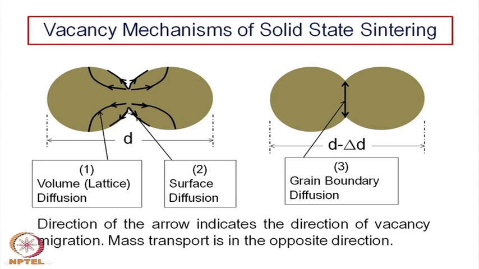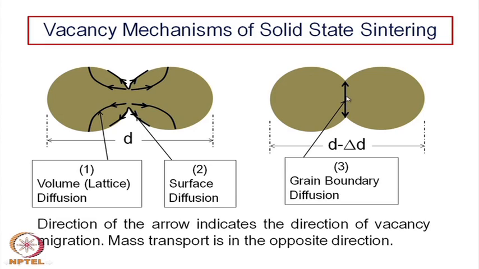So, if the vacancies are moving out from a region of high vacancy concentration, the material is getting filled up here. That is what is happening: the vacancies are going out and the material is getting deposited from this to that, or from this to this end.